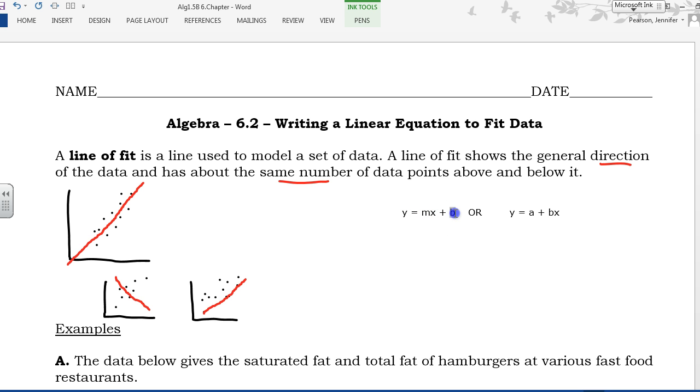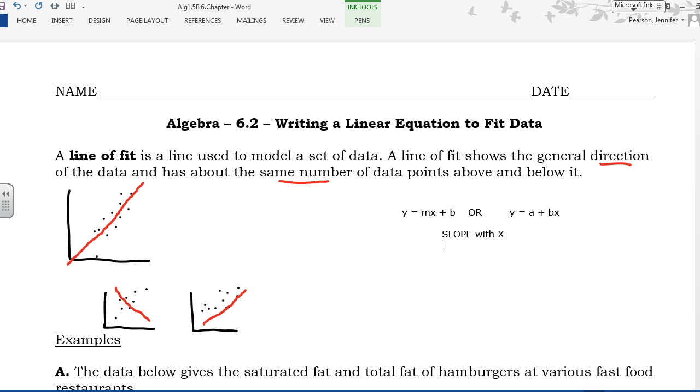The intercept is the starting number. So whatever variables you want to use for it, the slope goes with the x, and the b, or the constant, the lone number, is the starting number.